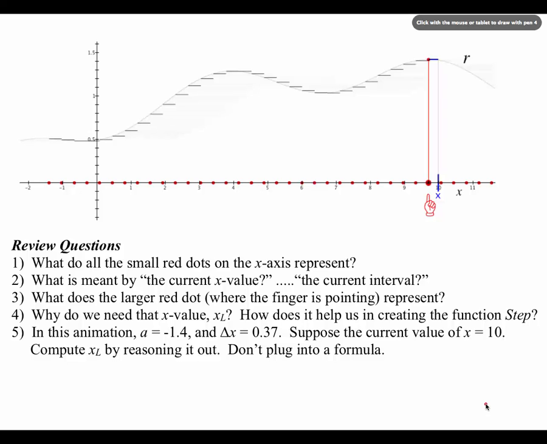So can you come up with reasoning from scratch, without using the formula from last time? Can you get that value that the finger is pointing at, the left side of the current interval? Take 30 seconds or a minute, see what you can do. Can you get that value without a formula?